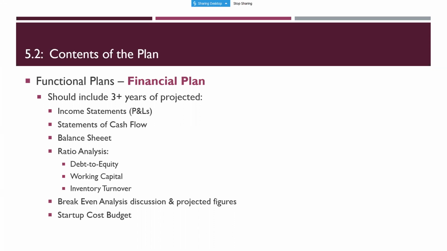And for break-even analysis, we want to present a discussion of our projected figures, or how many units of sales do we think it's going to take for us to neither show a profit nor a loss. Or if you're looking at service, how many service hours would it take to have a net profit of 0?